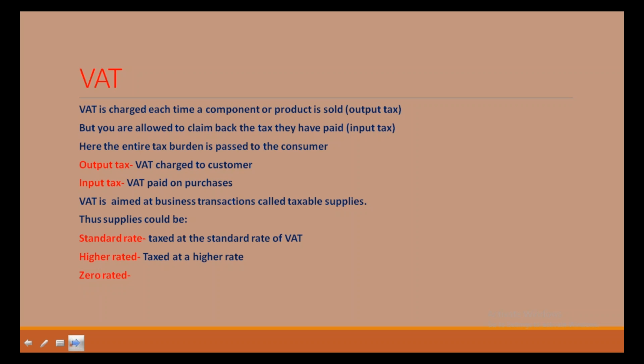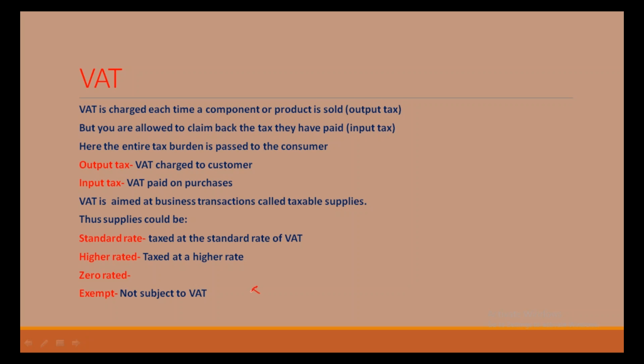Zero rate means you don't have to pay taxes on your output, but whatever you have paid on input, you can claim it. But if it is exempt, you don't pay, and in that case the input tax you paid also, you can't claim. Now you have to be very clear.